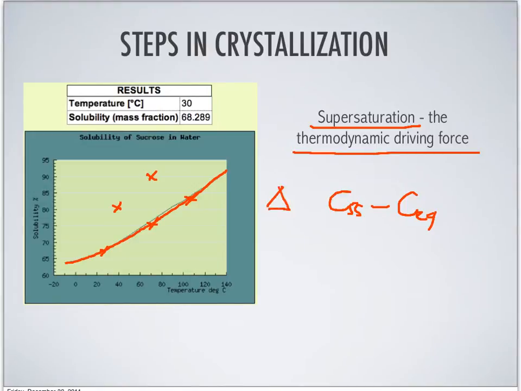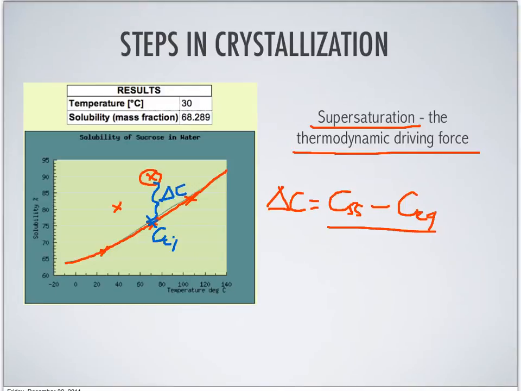So the delta C, which is the degree of the supersaturation of the solution, is the difference between the concentration of the saturated solution minus the concentration at the equilibrium solubility. So for example, at this point, this is the CEQ value, and the difference between this is the delta C.